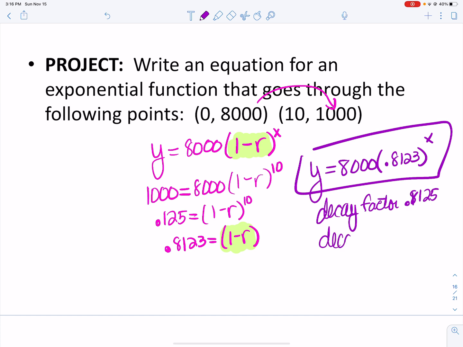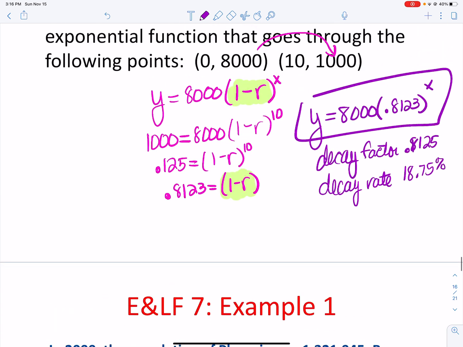So my decay rate would be 18.77% because you move the decimal 2 places. So you could leave it like that or however you want to do it, but if you got your 2 points over the weekend, you should be able to write your equation, which means then a lot of your math is done.